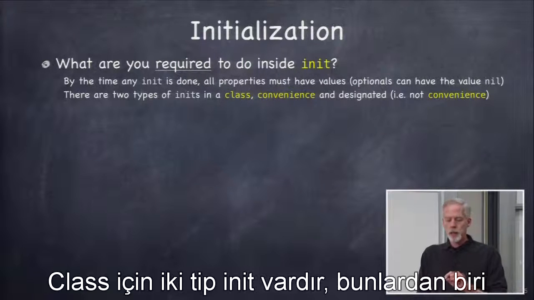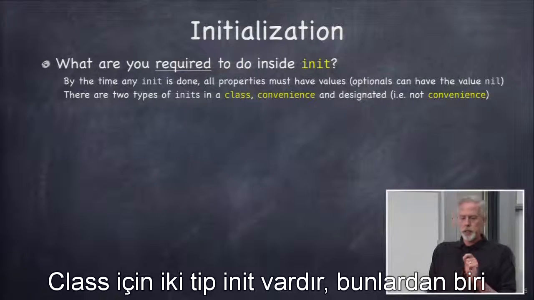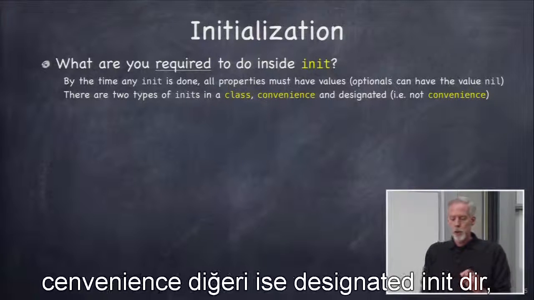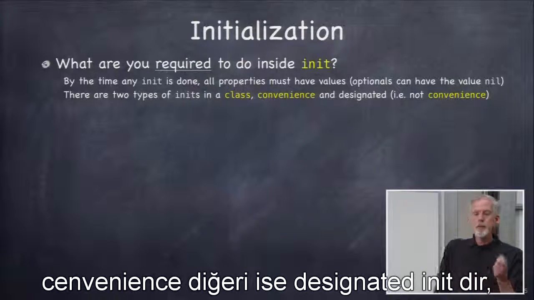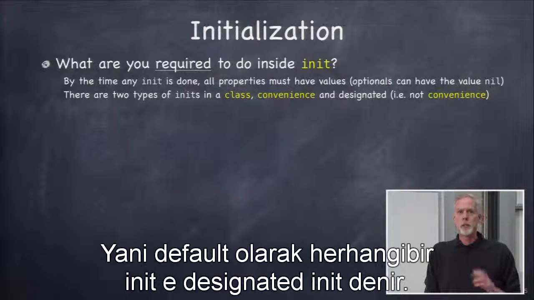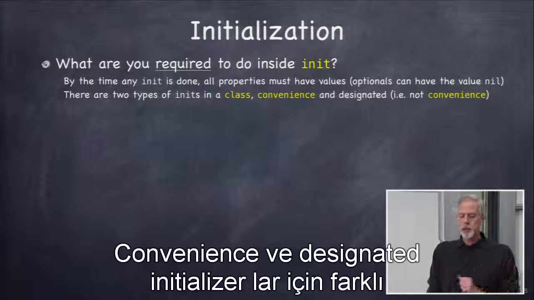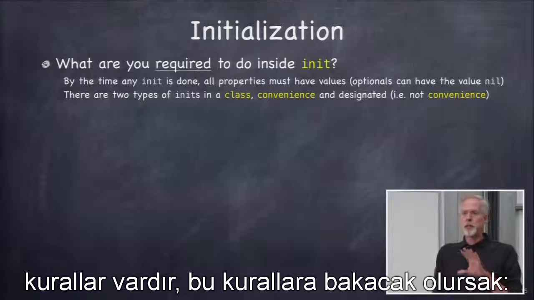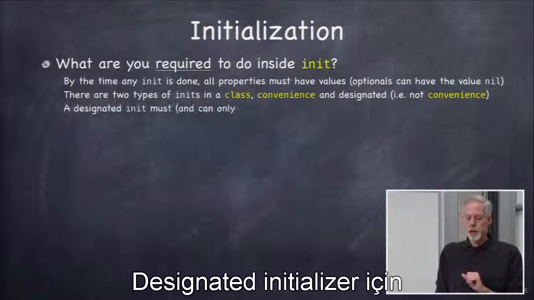There are 2 types of inits in a class, not in a struct, but in a class. One is called a convenience init, and then there's all the other kinds. Those are called designated initializers. So by default, an initializer is a designated initializer, but there's also these things called convenience initializers. And we make this distinction because there's a little bit different rules about them, so let's talk about that.